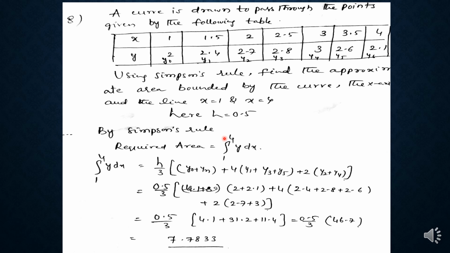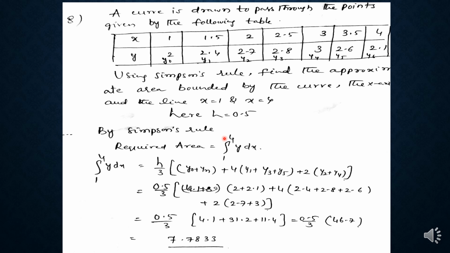To apply this rule, what are the steps involved in solving the problem? At first, note down the given interval range a to b, lower limit a and upper limit b, and the number of divisions n. In the next step, calculate the value of h, which is equal to b minus a by n.